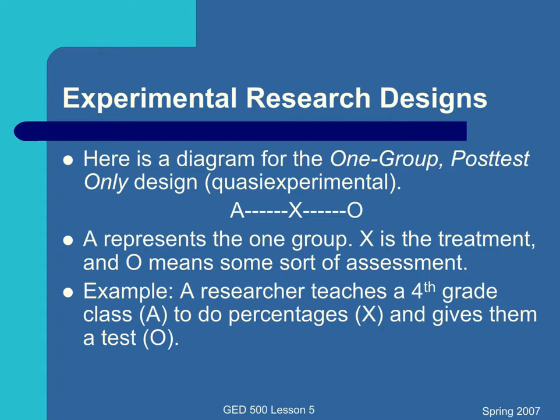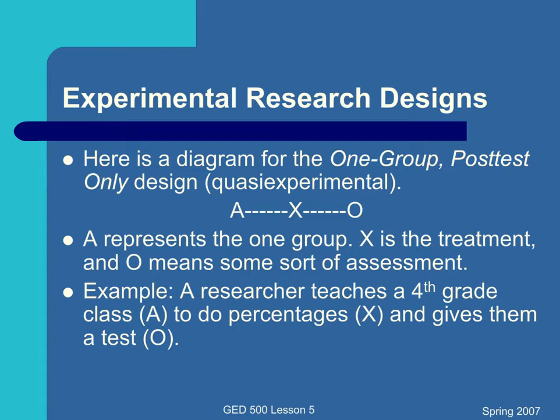So here's an example of this, okay? So this is a diagram for a one-group post-test only design, quasi-experimental. So you see A, X, and O. Remember again, A is the group, so A is one group, and then X is the treatment, and O is some sort of assessment. So if we give an example, say like you're looking at a fourth grade class.